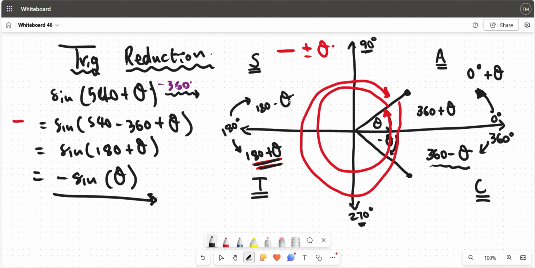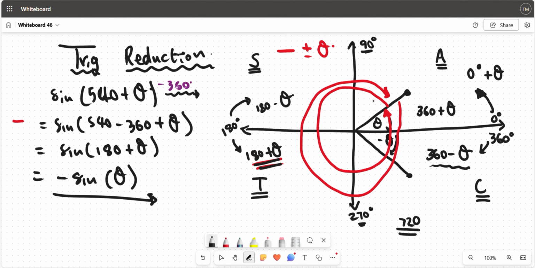And it always has to be 360, because 360 takes us into a full revolution, taking us back into the same quadrant. Or you could even use 720, because 720 is twice 360. So with 720 you'd be taking 2 circles or 2 revolutions, and you would still end up at the same point.